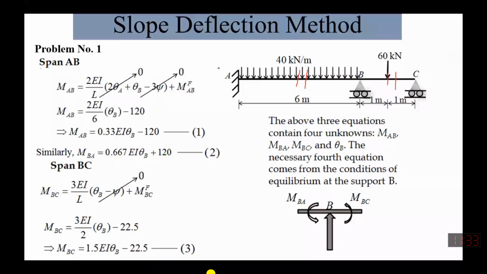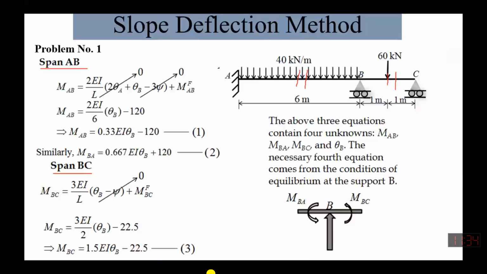So in span AB, there will be two end moment equations. One for MAB and one for MBA.